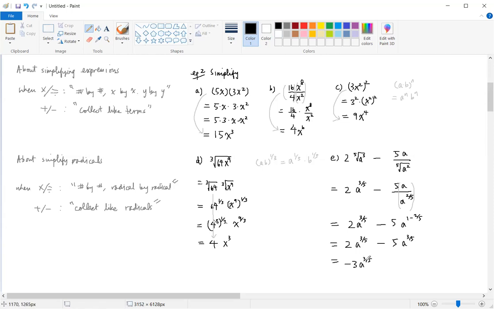Now, if this is a positive exponent already, then this is okay. Or if the question wants you to write it back to radical form, it depends on the question. The question will tell you what form to write, whether I want the exponent answer only, or I want the radical answer only. So if the question says you have to write it back to radical form, then we can write -3 times the 5th root of a cubed.